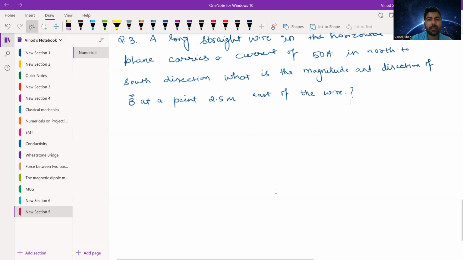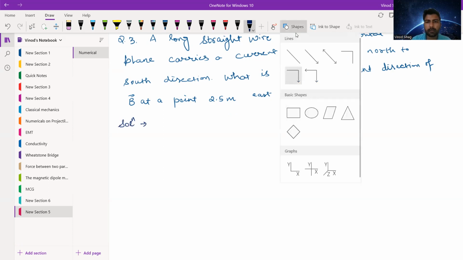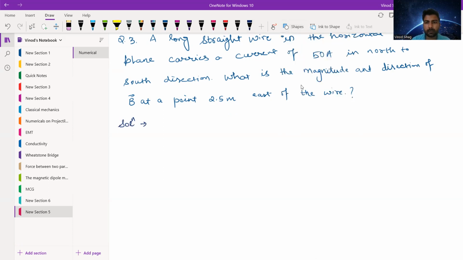First of all, it will be very clear if we draw the diagram. Let's try to draw the diagram and then we'll see how easy this question is. This is the wire in which the current is flowing.